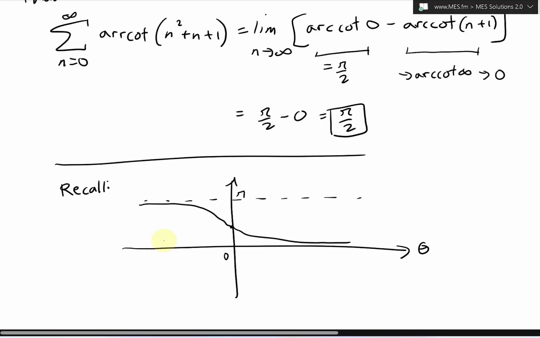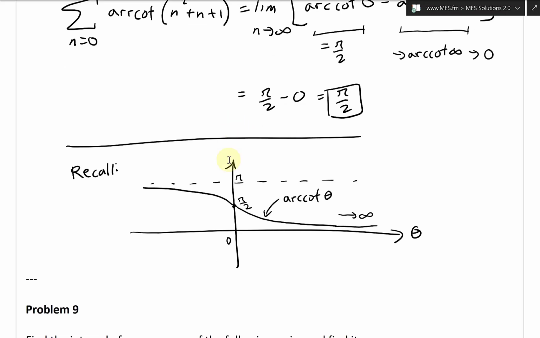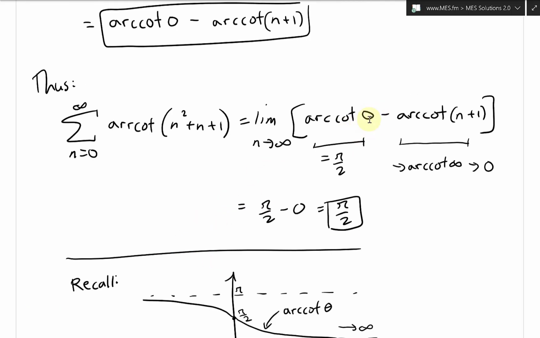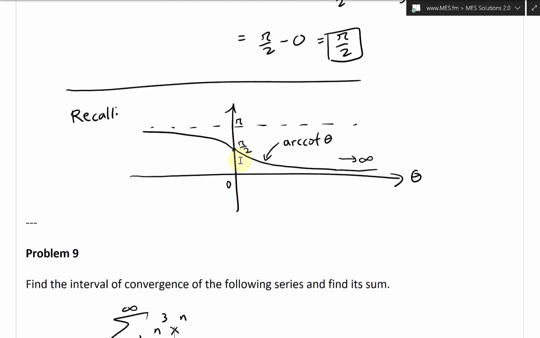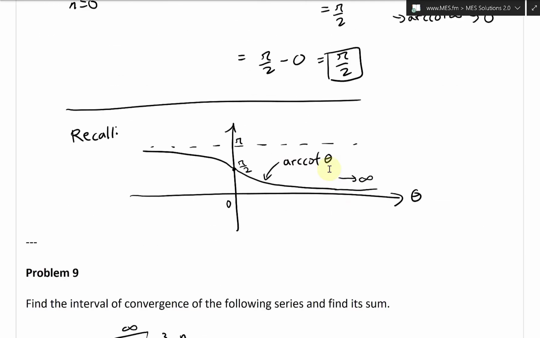This is our arc cotangent theta. As theta goes to infinity, it approaches 0. And at cotangent or theta 0, we have arc cotangent of 0 equal to pi over 2. So yes, fascinating stuff.